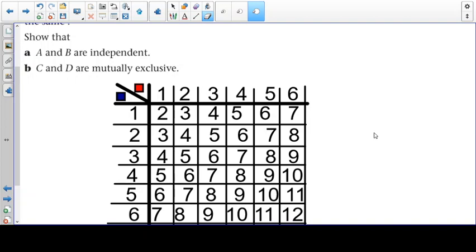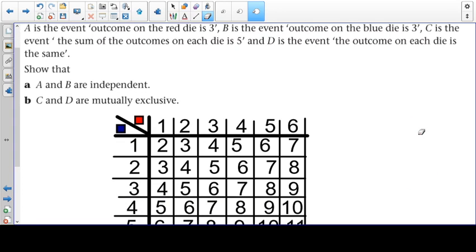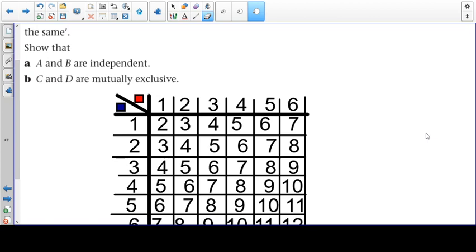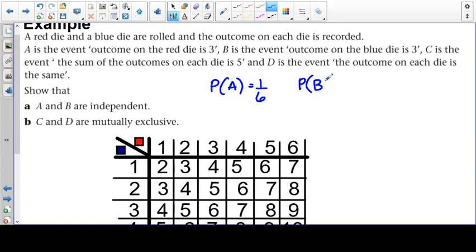So there's the sample space. A is the outcome on the red die is a 3. The probability of that happening is a 6th. And then B is the outcome on the blue die is a 3, so the probability on the blue die of the event 3 is also 1 in 6.